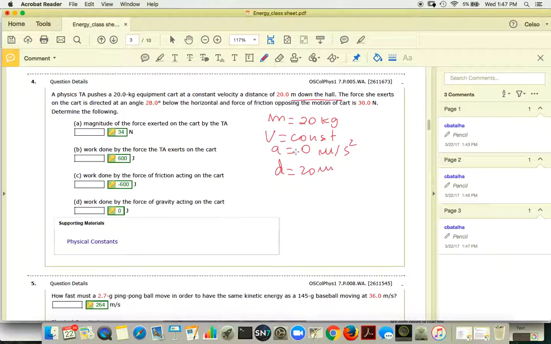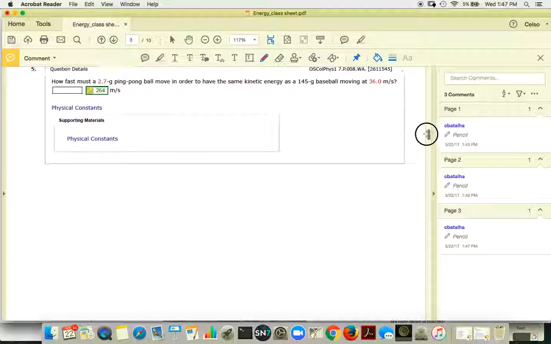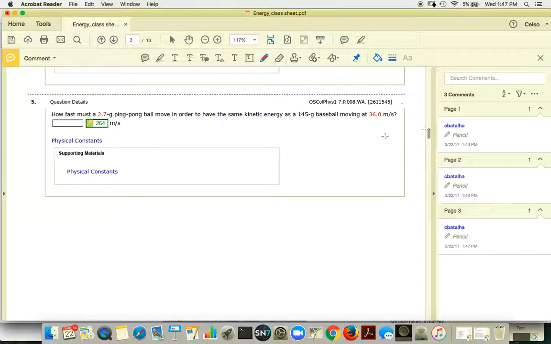The force she exerts on the car is directed at an angle of 28 degrees, and the force opposing the motion is given, 30 newtons. Determine the magnitude of the force exerted on the car. I'm not going to do this; it is simple. You can do it. If you can't, email me and I can work with you.